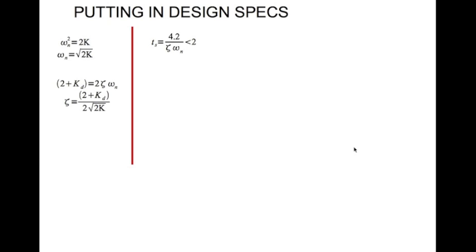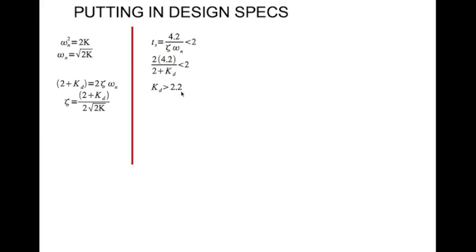So 4.2 divided by zeta omega n is less than 2, and then we substitute the value of zeta times omega n, which from here is (2 plus kd) divided by 2. So 2 divided by (2 plus kd) times 4.2 is less than 2, so kd should be greater than 2.2.